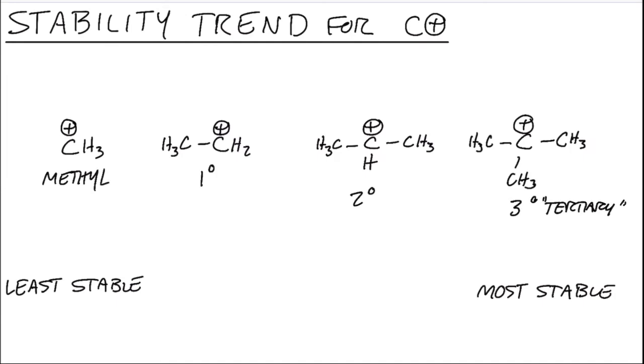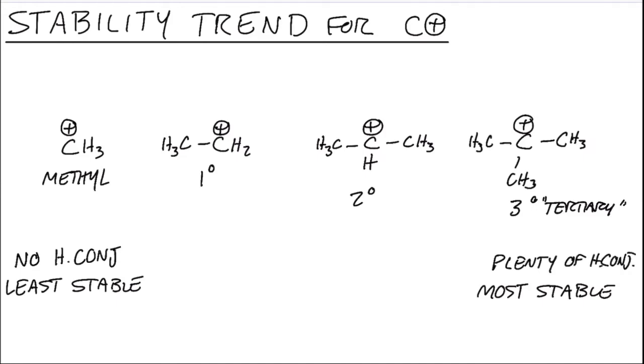If we have a methyl carbocation, that, like I said, is the least stable because there is literally 0, no hyperconjugation. I'm going to abbreviate that as H conjugation, C-O-N-J. No hyperconjugation at all. But then if we go up and up and up, there's plenty of hyperconjugation here. In fact, as much as you could possibly have.